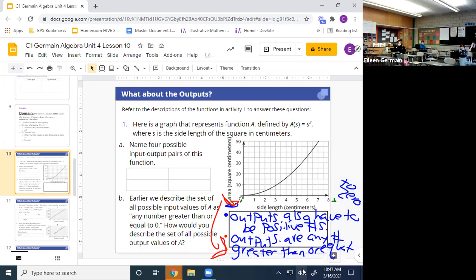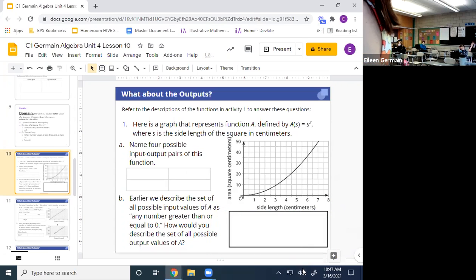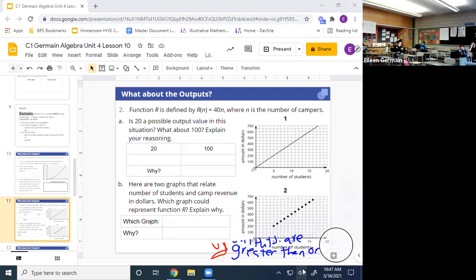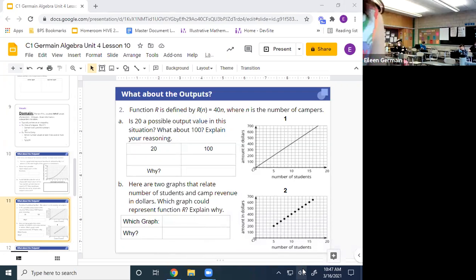Okay, so now let's take a look at the second piece of this activity. We're going to be looking at that camp one. This is where it's going to be difficult, and we're going to be looking at some output values. Number 2.